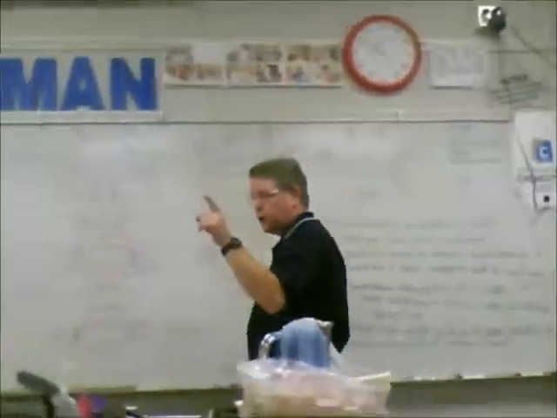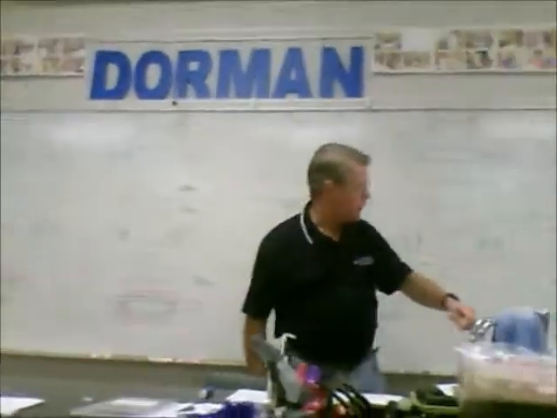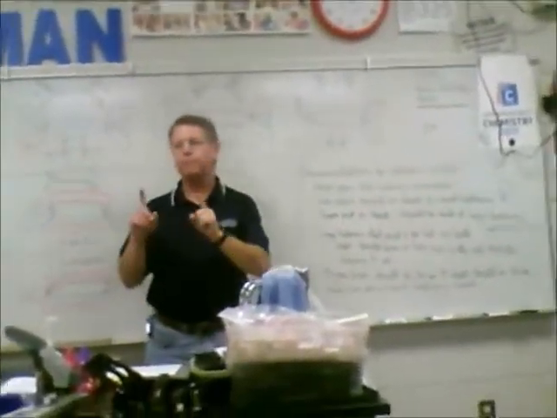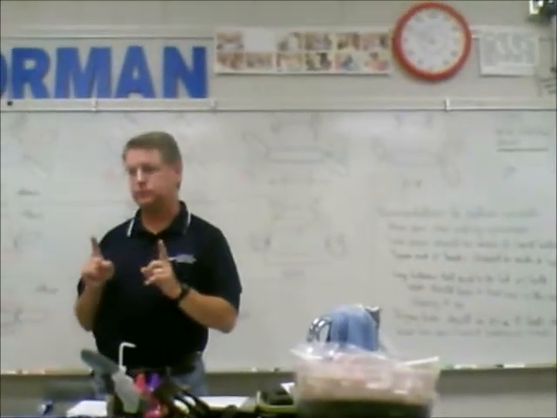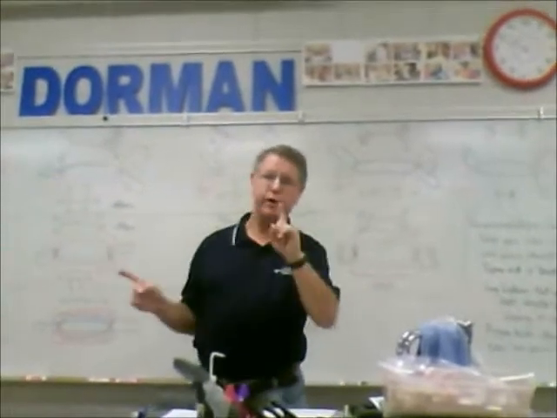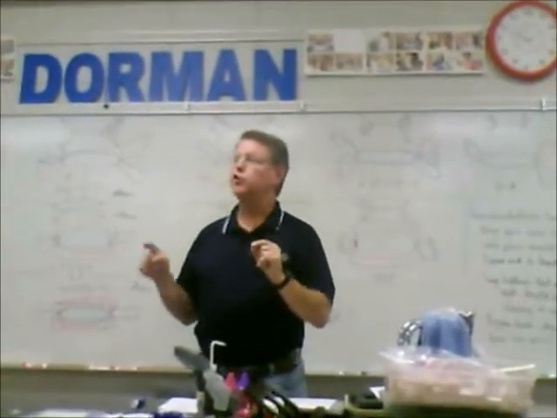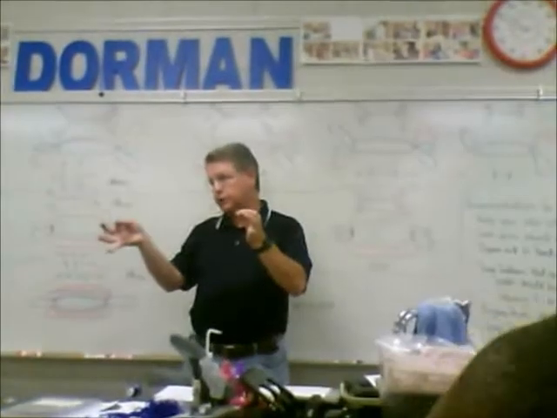Recommendation. There are meter sticks back there under the counter. I would recommend that your sigma bonds be about 20 centimeters. It's about this long. Longer than that, things start to get kind of unwieldy. Your pi bonds need to be longer than that so they can fit around it.